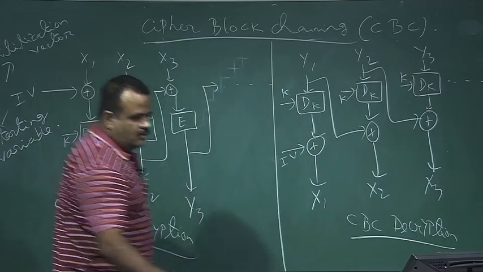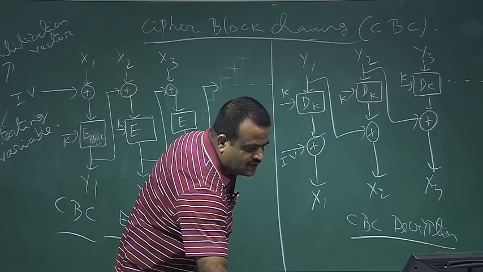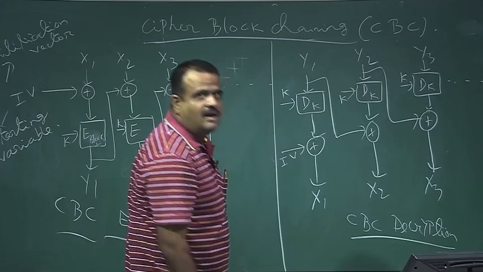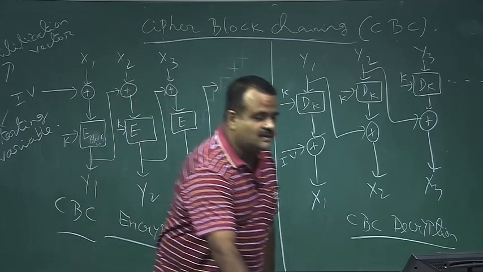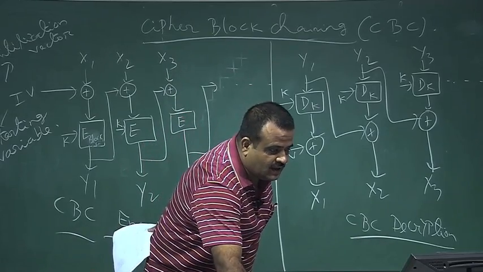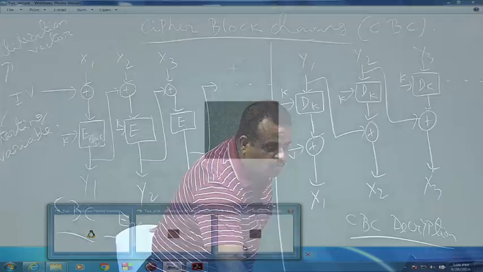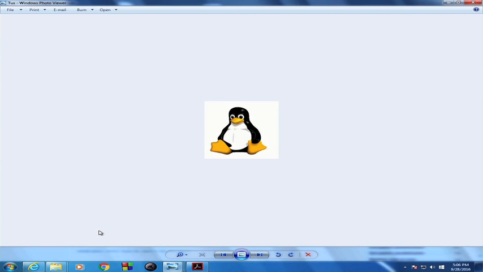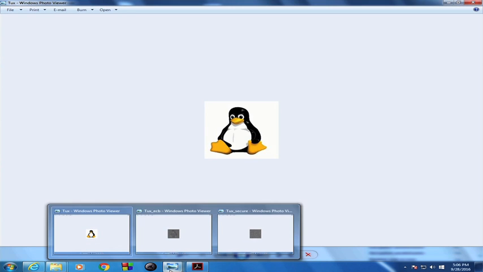Okay. Now, can you go to the slide please? If this is the image or this is the input, and if we use the CBC encryption, then the output will be this one, because it is just taking the feedback and it is giving us this image.